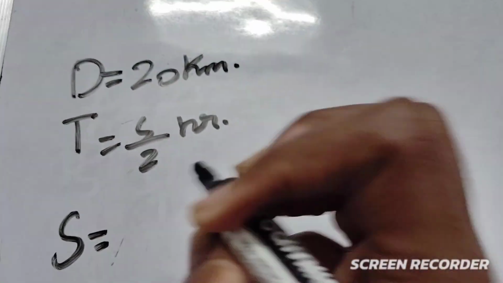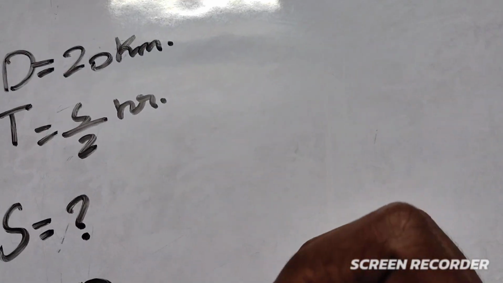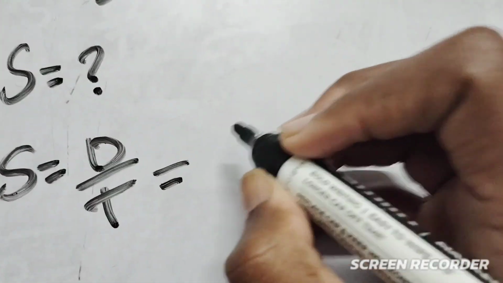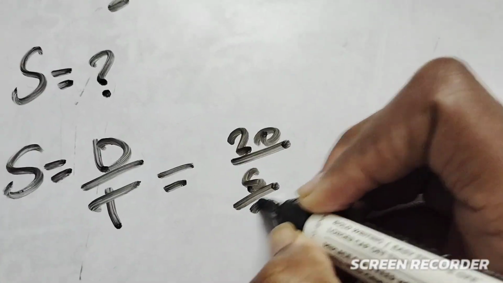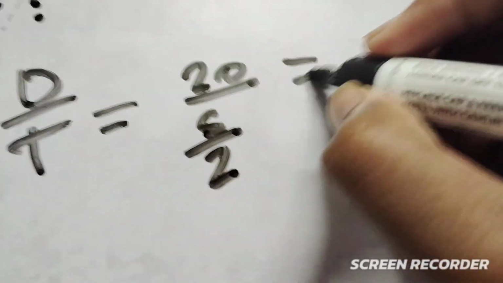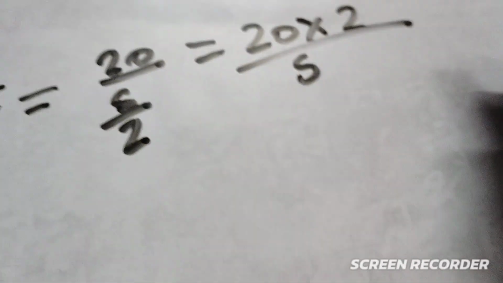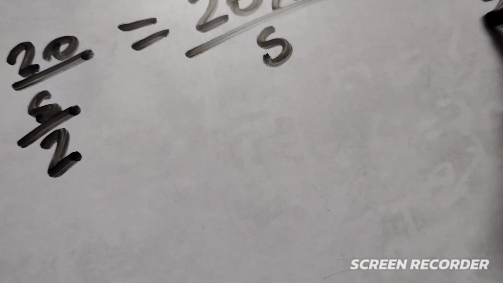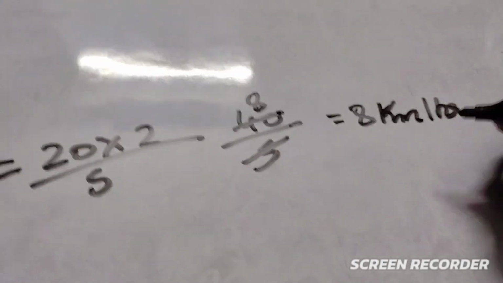So the speed is not given. For the speed, d upon t is written, speed is equal to 20 upon 5 by 2, is equal to 20 into 2 upon 5, 40 upon 5, is equal to 8 kilometer per hour.